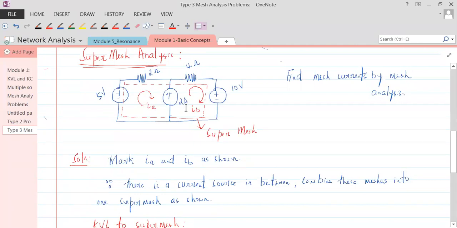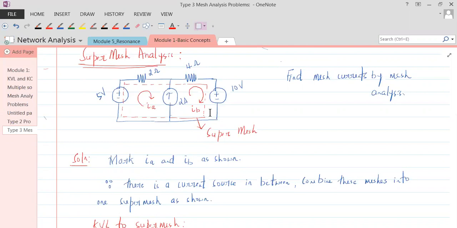Yes. How? This 2 amperes is a combination of IA and IB flowing in this branch.